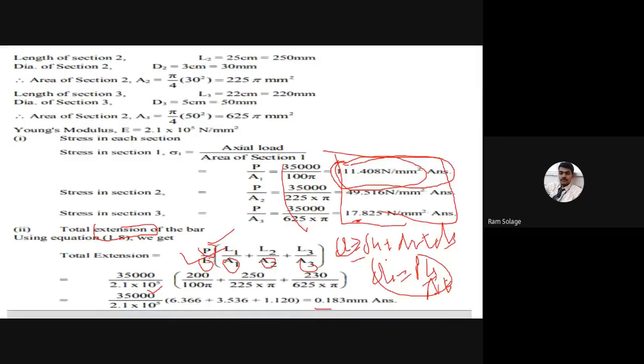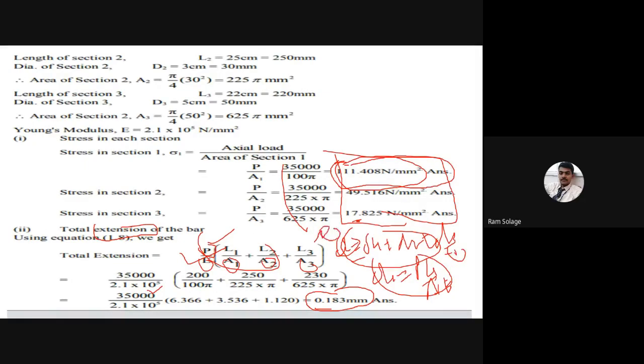Check the answer. What is the answer? Are they showing correct or any problem? 0.183. This is my answer. Our book answer, correct. With this formula or this formula we have calculated. I will call this formula number 1, or equation number 1.